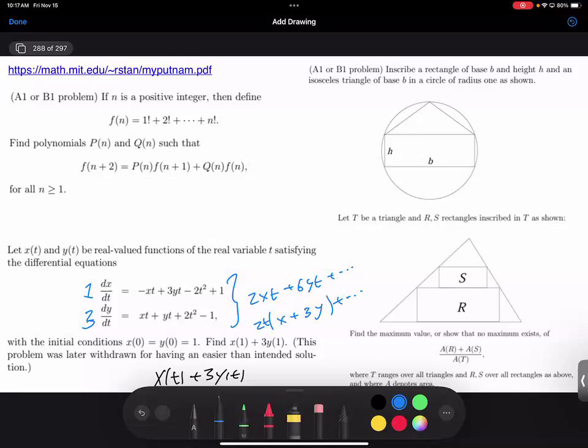Oh, well, and then over here on this side, we'll just have d by dt. Oops. So instinctive to do d by dx of x plus 3y. And so if you do that, we can actually solve for that very easily.